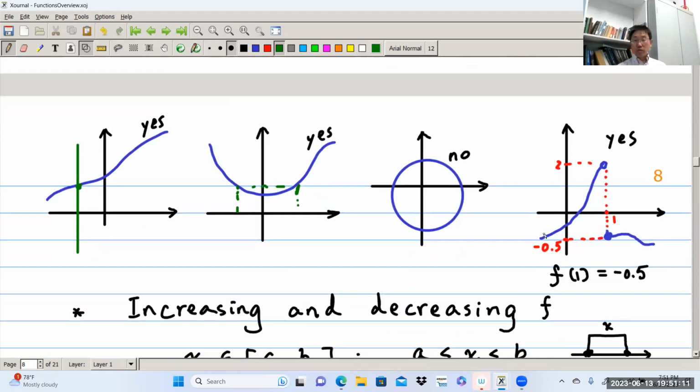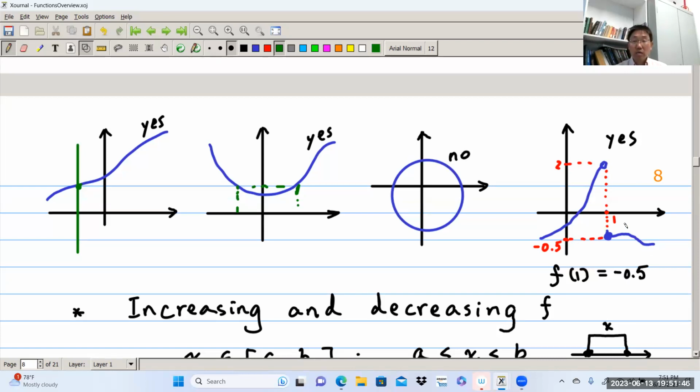And for this case, I want you to remember, sometimes you may see this kind of a bizarre function. You see a jump at x equals 1. To the left of 1, you see this curve, and it passes the vertical line test. To the right of 1, you see this curve, and it passes the vertical line test. I use an open circle at the end of this curve, and a solid circle at the end of this curve.